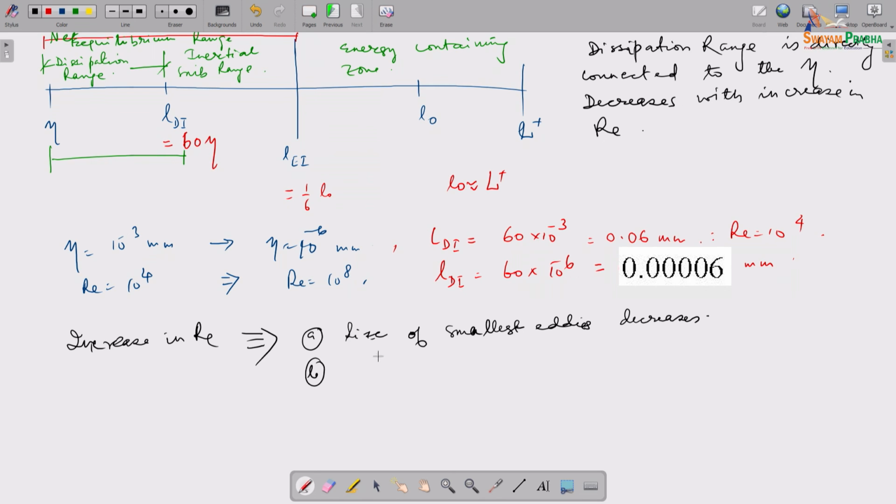And secondly, the dissipation range also decreases, right? So that is with the increase of Reynolds number.